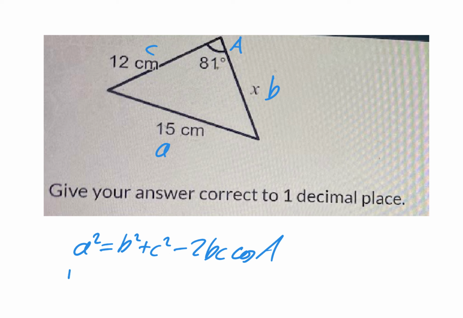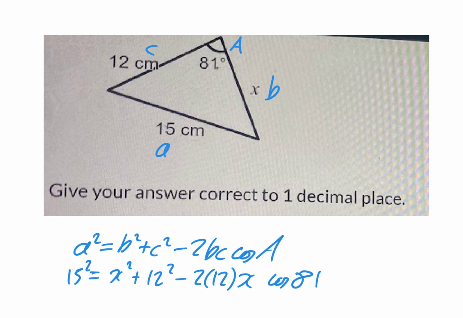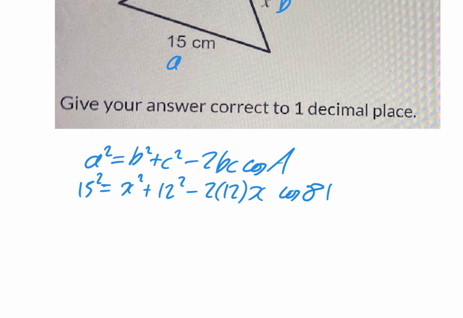So if we fill it in, you'd have 15 squared equals x squared plus 12 squared minus 2 times 12 times x times cos of 81. Now, it's not going to be very pretty, but it's going to work still.